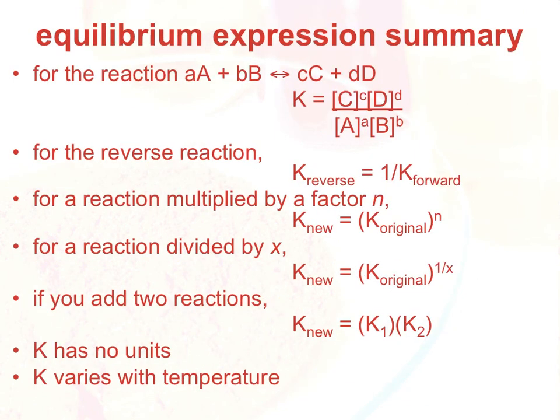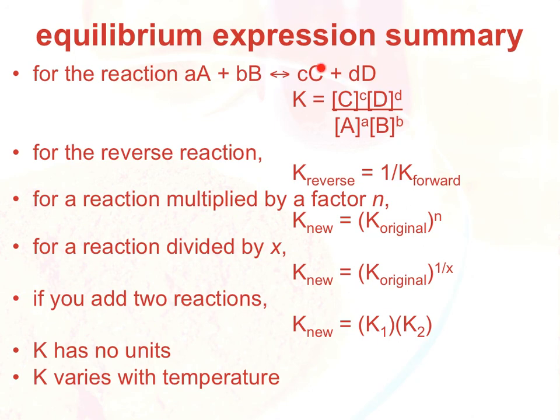Okay, so just as a nice little summary, basically we write our equilibrium expressions with respect to balanced chemical equations. Our K value is going to be equal to the concentrations of our products to some power that corresponds to the coefficient in the balanced equation, divided by the concentration of our reactants to some power that corresponds to the stoichiometry or the coefficient seen in the reactants of the balanced equation.